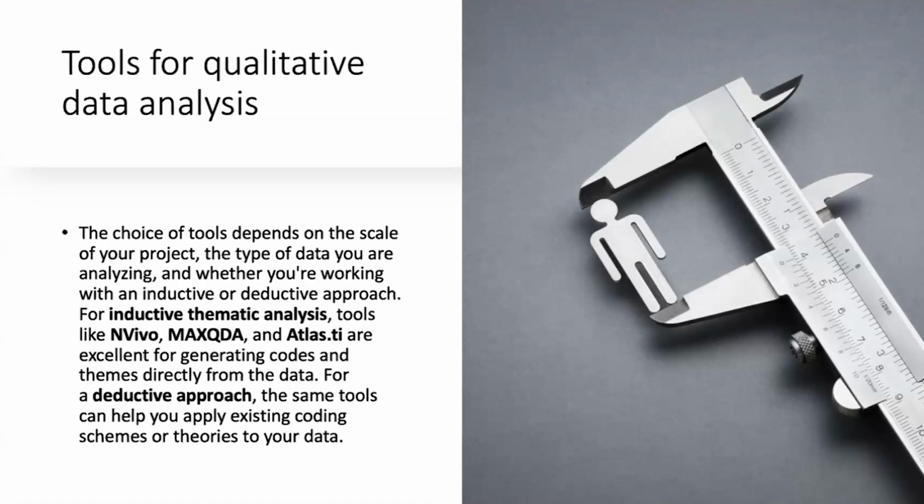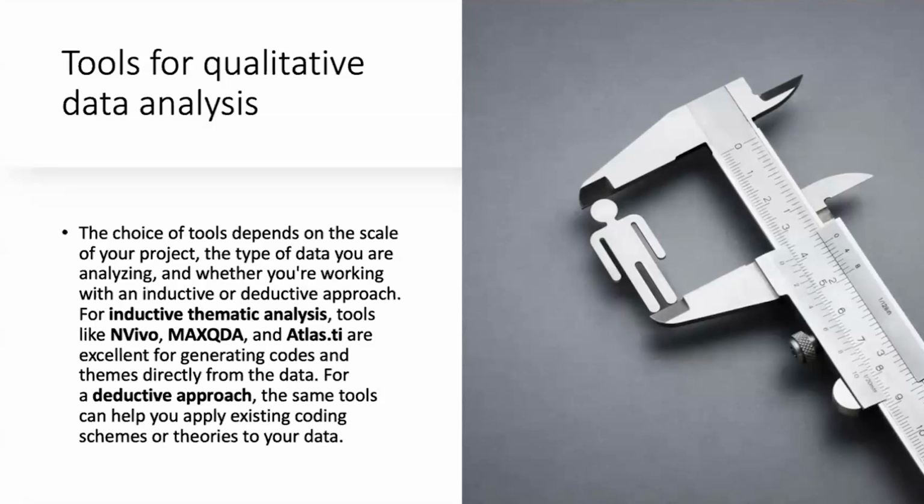Obviously the choice of tools depends on the scale of your project, the type of data you are analyzing, and whether you're working with an inductive or deductive approach. For inductive thematic analysis, tools like NVivo, MaxQDA, Atlas TI, and others are excellent for generating codes.